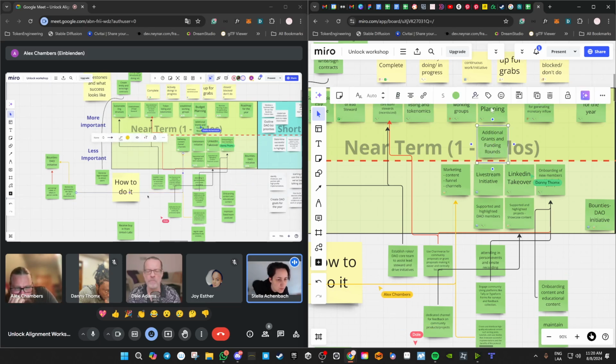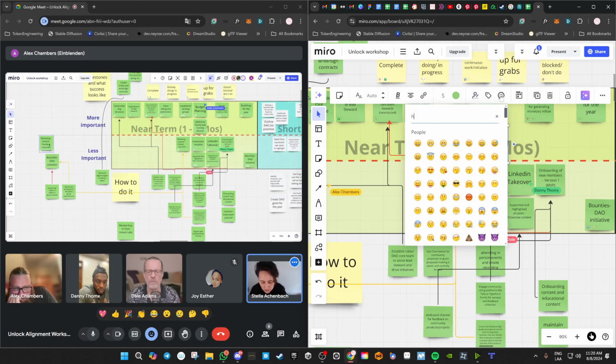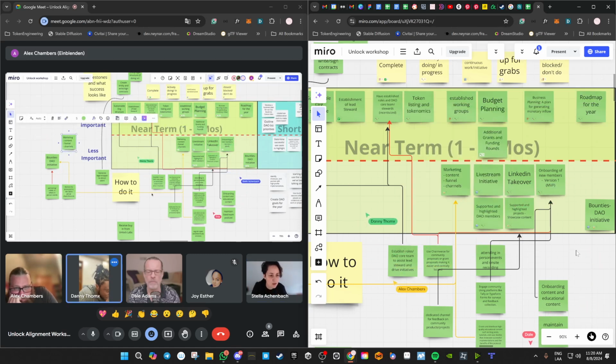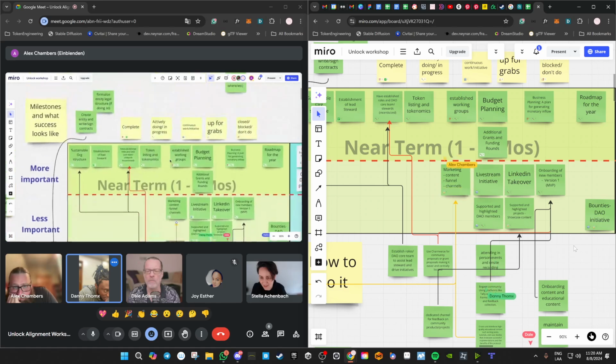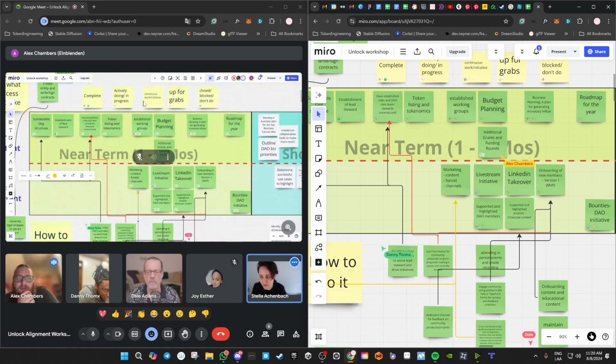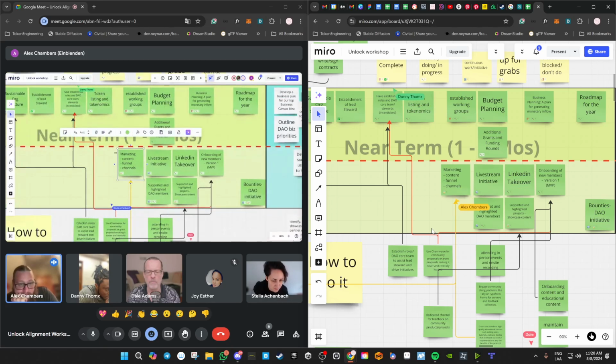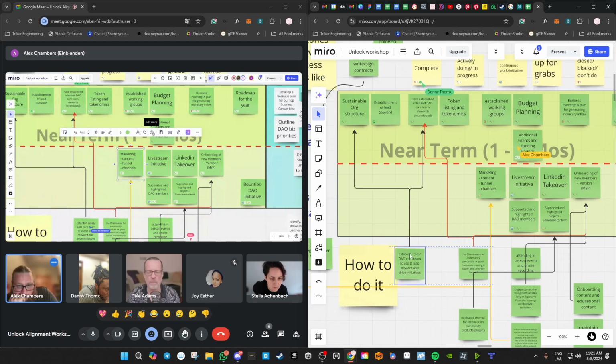And then you made these emojis, and I think work in progress was the hammer, wasn't it? Yeah, where are those emoji labels anyway? Yeah, so they are up here. These are the labels for them, and if you want to put them in, so I'm on marketing content, you go up to this emoji thing here.